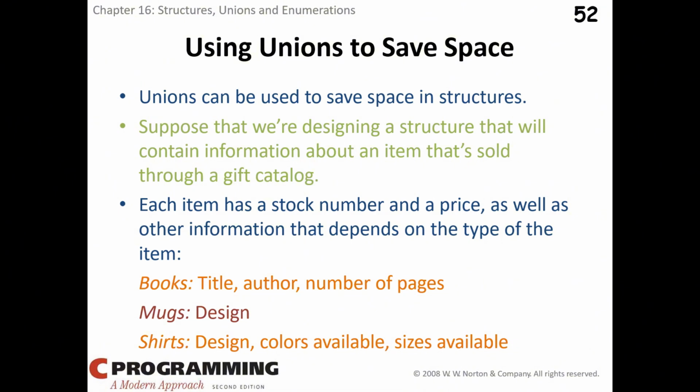For instance, books have additional attributes such as title, author, and number of pages, and mugs might have a design attribute, while shirts could have attributes like available colors and sizes. Now instead of allocating memory for each possible attribute for every item, we can use unions within the structure. This way, memory is only allocated for the largest member of the union, resulting in space savings.